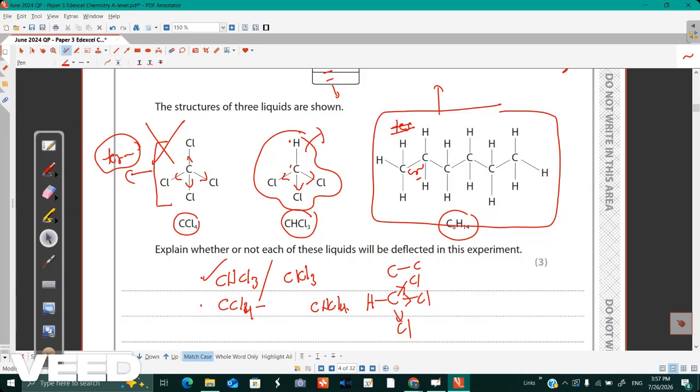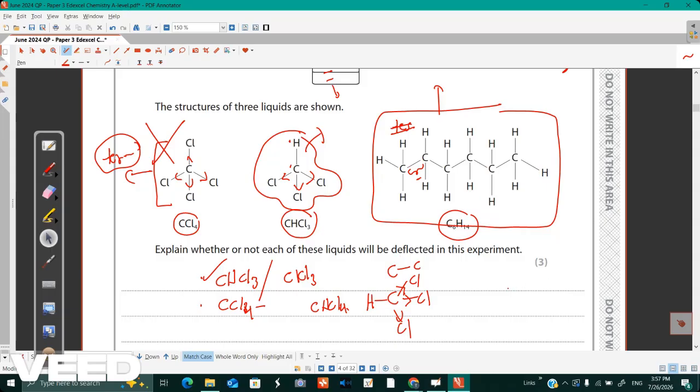So therefore, you can consider it as a non-symmetrical molecule because these bonds are not similar, right? So therefore, it contains a dipole moment.